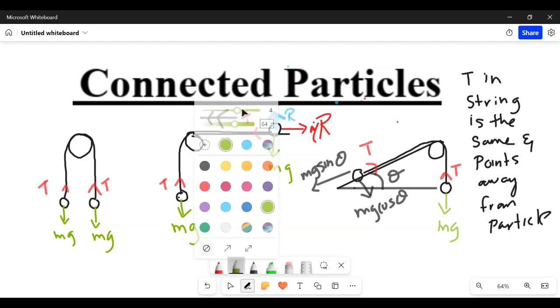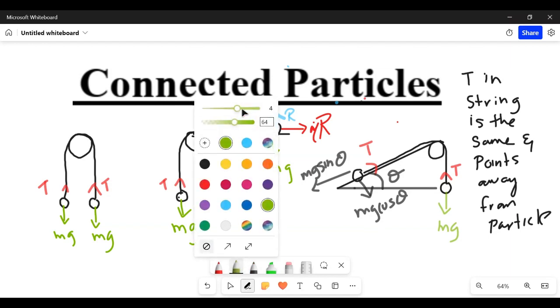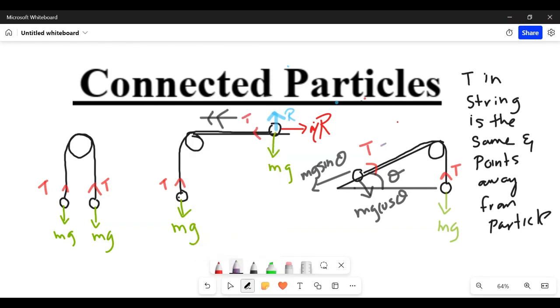Similarly, in case you're told that the system is moving upwards, and that there's friction or the surface of the slope is rough, then there's also going to be friction in the opposite direction of motion, mu R. Also, there's going to be a normal contact force in this direction.